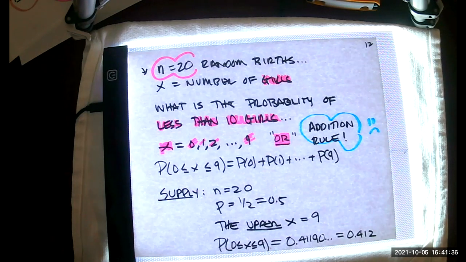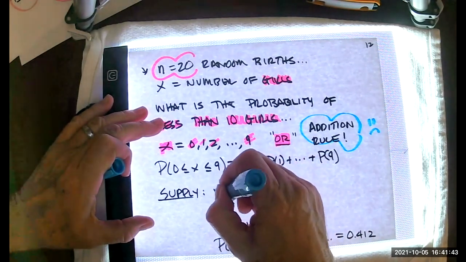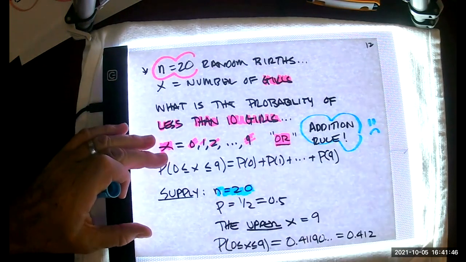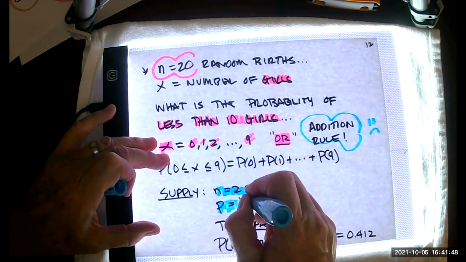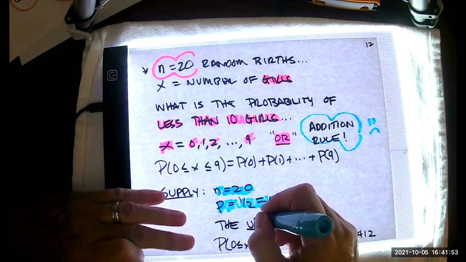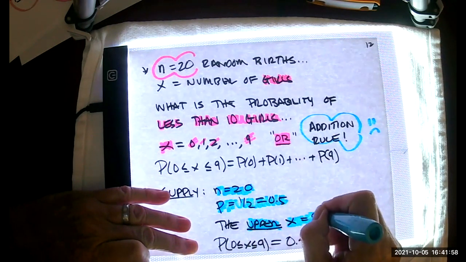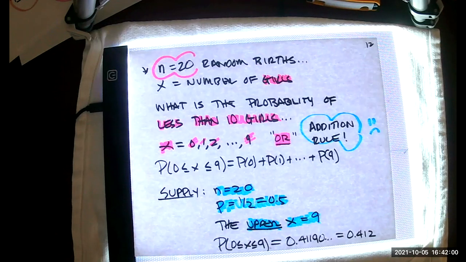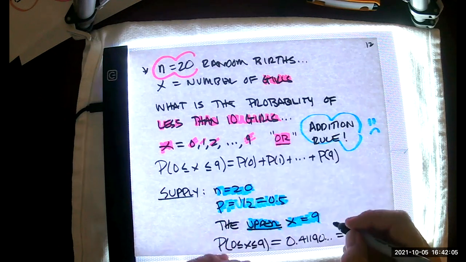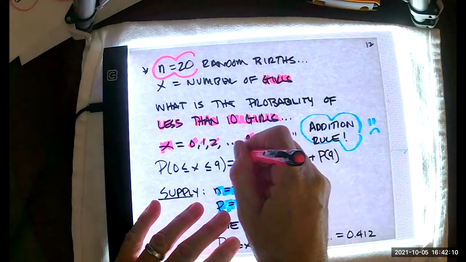So here's the way it works. Very much like we did before, I have to supply n equals 20, the number of trials, the probability of success in any one trial, and I need to convey the upper X. When I convey that upper X, that means the calculator will run through this calculation right here.